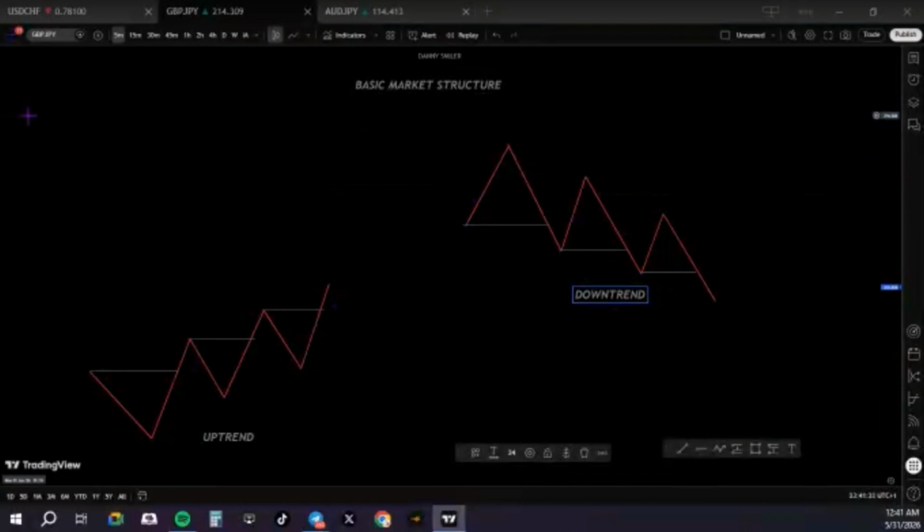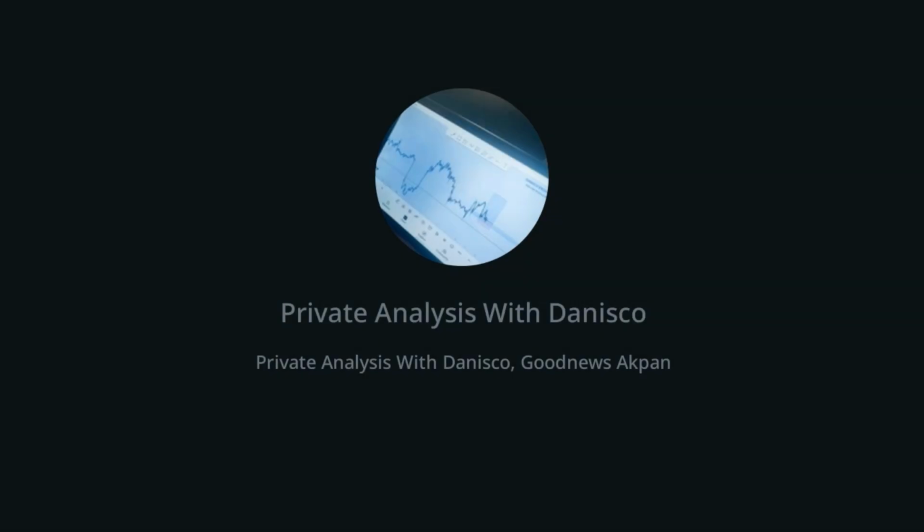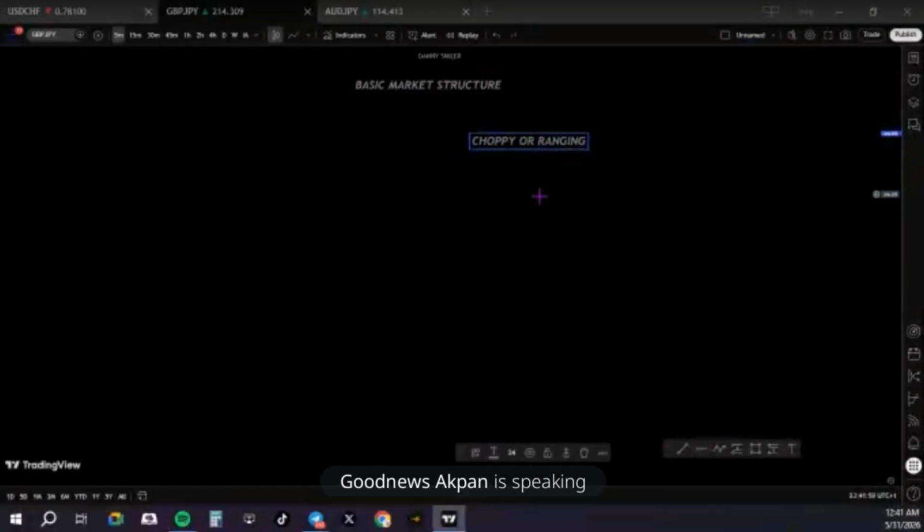So let's dive in. There's another one, the third one. This one is neither uptrend nor downtrend. We have what we call choppy or ranging structures. What did I say we have next? Choppy or ranging.